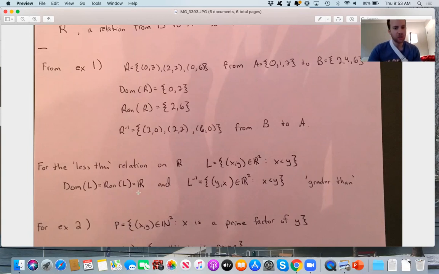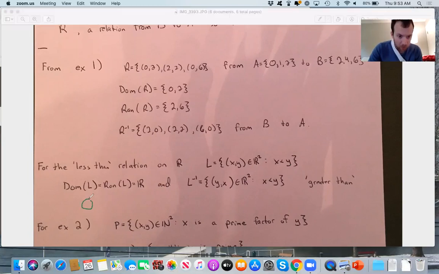As a comparison, just to see that this is actually saying something: what happens if we think about this less than relation on N, on the set of natural numbers?